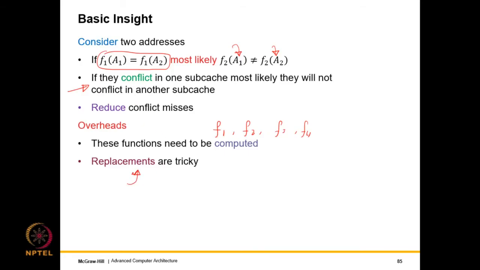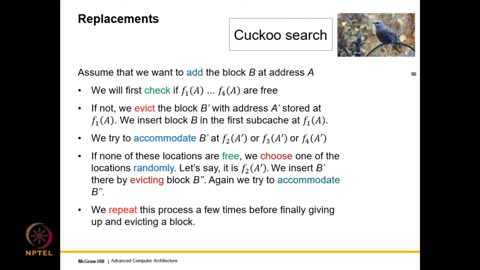Replacements are tricky. We will see in a second why. We need to do something called a cuckoo search. Assume we want to add the block B at address A. We first check the four locations F1(A), F2(A), F3(A) and F4(A) to see if they are free. If one of them is free, well fine, we put the block over there.